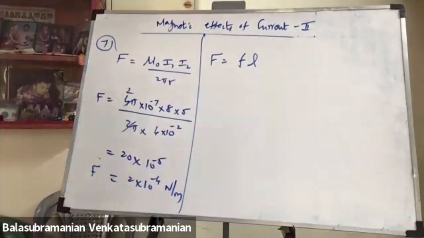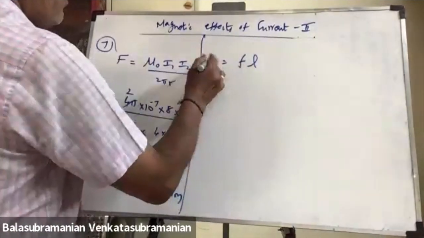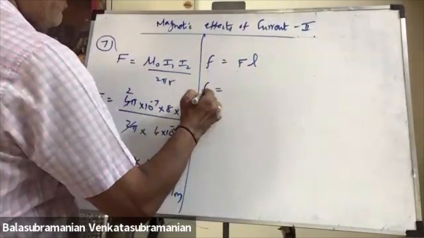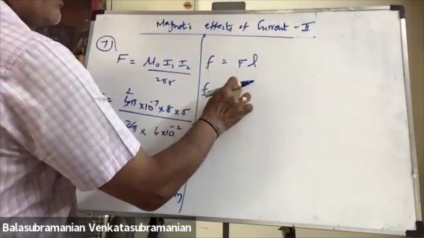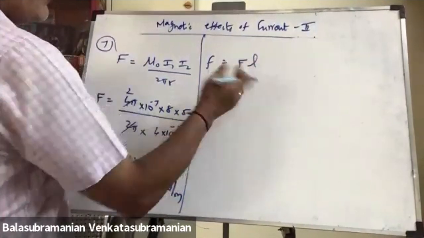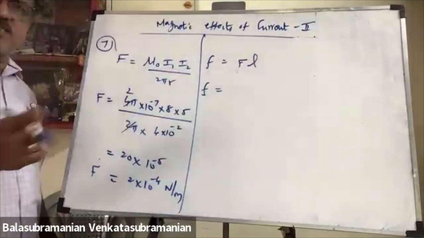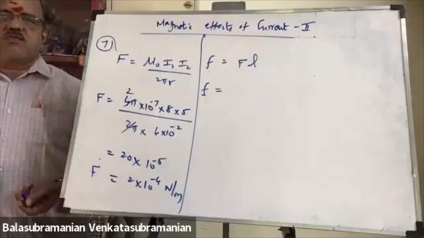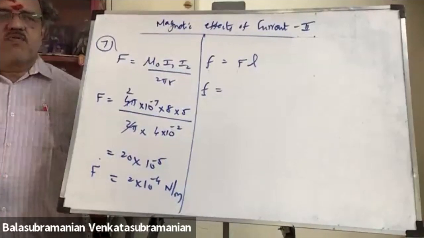Or you can put it like this: F is equal to capital F into L, where capital F is force per unit length. Length cancels and you will get force. Unit wise, you have to cross check. Okay, fine.